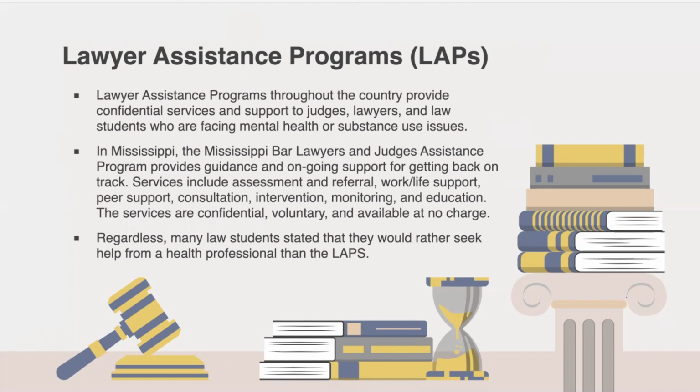For example, in Mississippi, the Mississippi Bar Lawyers and Judges Assistance Program provides guidance and ongoing support for getting back on track. Services include assessment and referral, work or life support, peer support, consultation, intervention, monitoring, and education. These services are confidential, voluntary, and available at no charge.